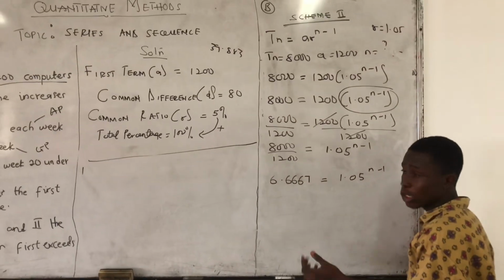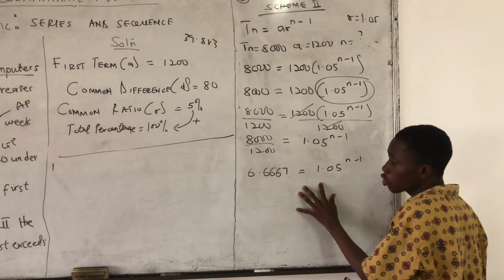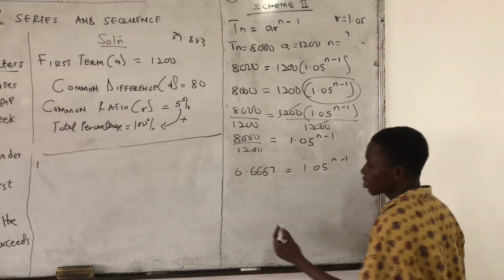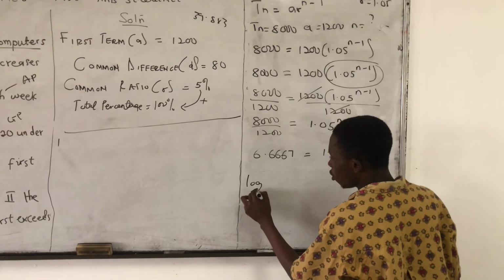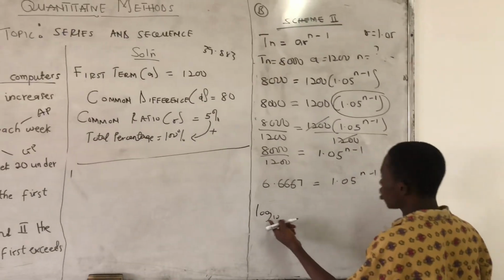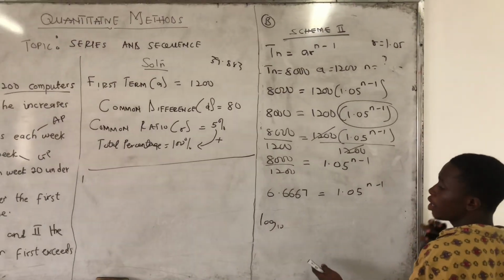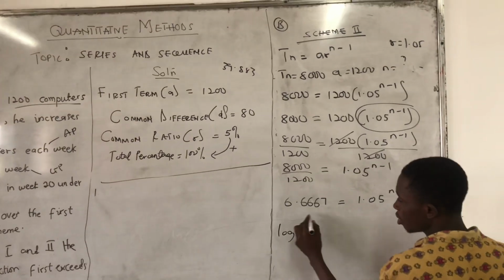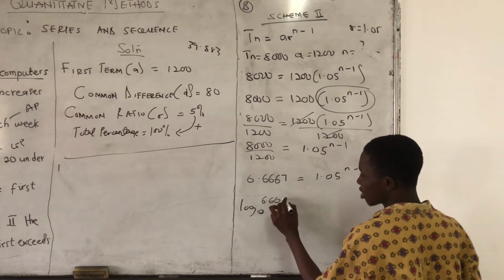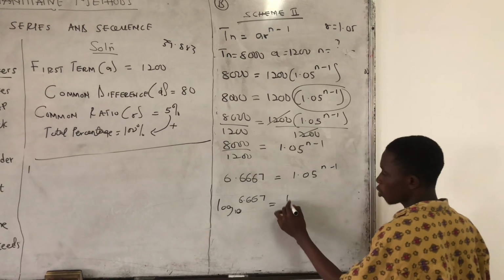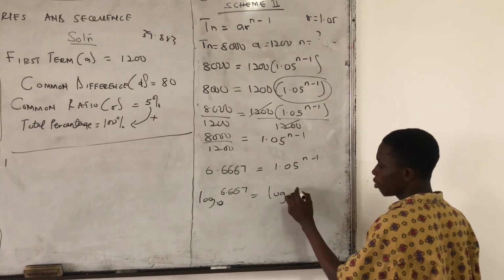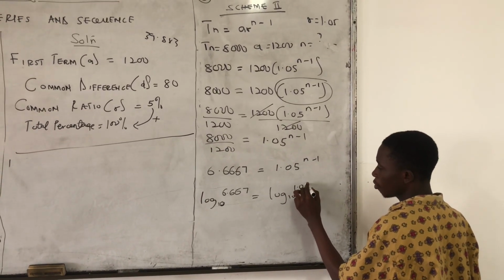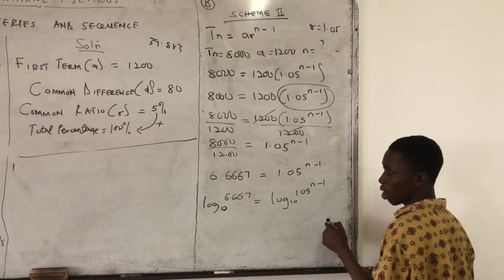With the previous one I used ln. Now I'm going to use log, base 10, because any log has a base of 10. So log base 10 of 6.667 is equal to log base 10 of 1.05 to the power n minus 1.